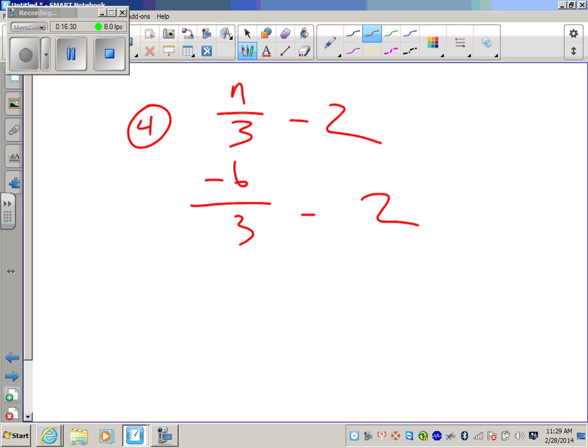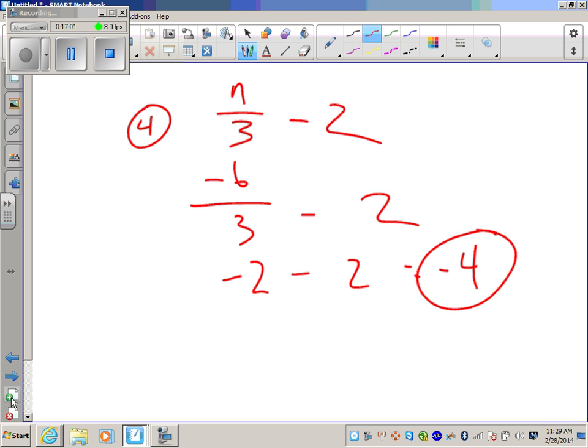Then we're going to subtract 2. What is negative 6 divided by a positive 3? Negative 2. Negative 2 minus 2 is negative 4.